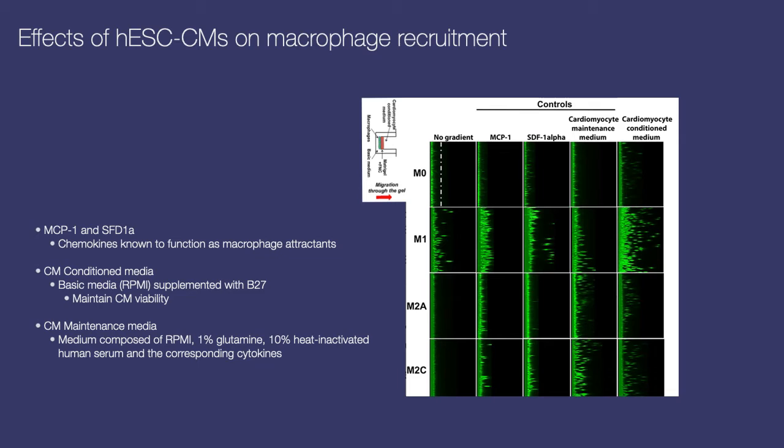These images were obtained via confocal microscopy, and they clearly show that the M1 subtype has the most migratory potential of the macrophage subtypes. However, with addition of the cardiomyocyte maintenance media and conditioned media, you see an increase in both M2A and M2C recruitment. And also that the maintenance media and the conditioned media both influence macrophage migration greater than MCP1 and SDF1 alpha.